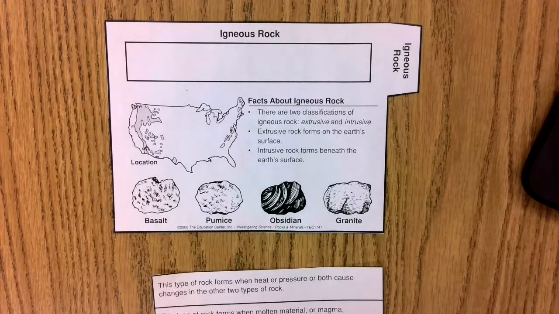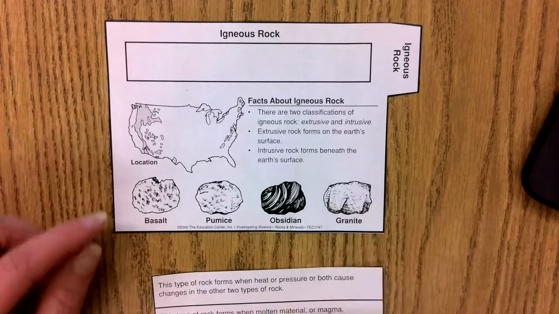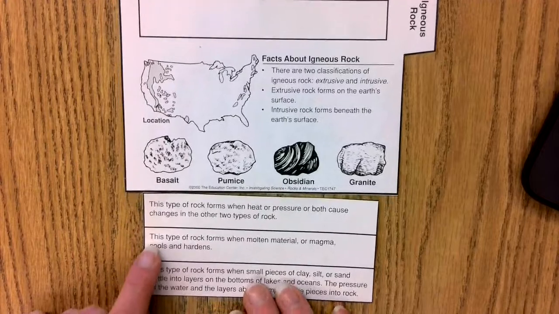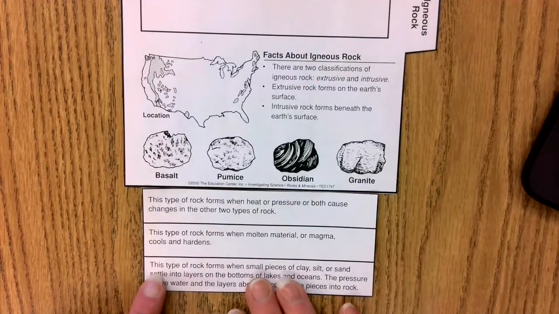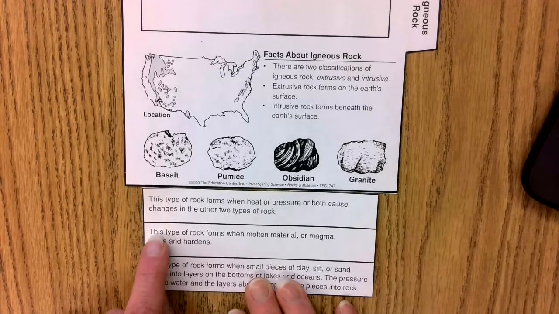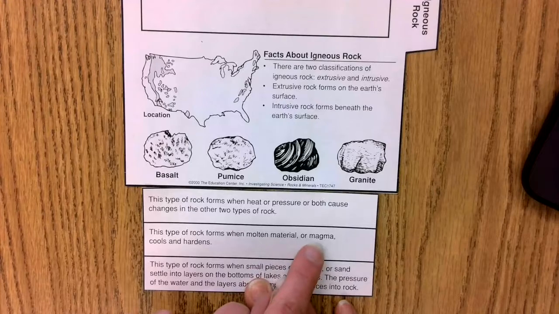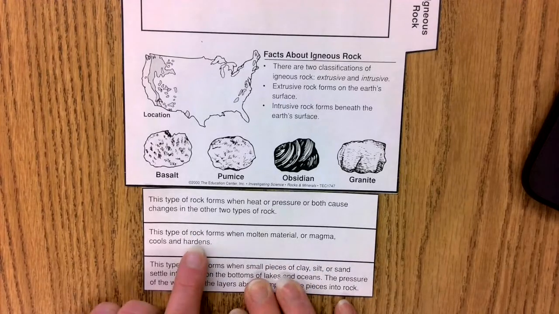the earth's surface. So igneous rock, is it the first one, the second one, or the third choice? And igneous rock is the second choice. This type of rock forms when molten material or magma cools and hardens.